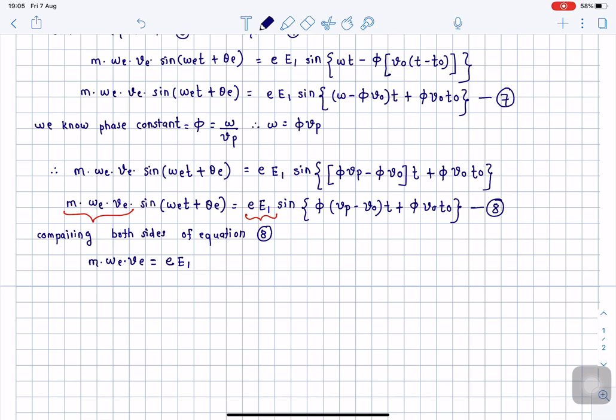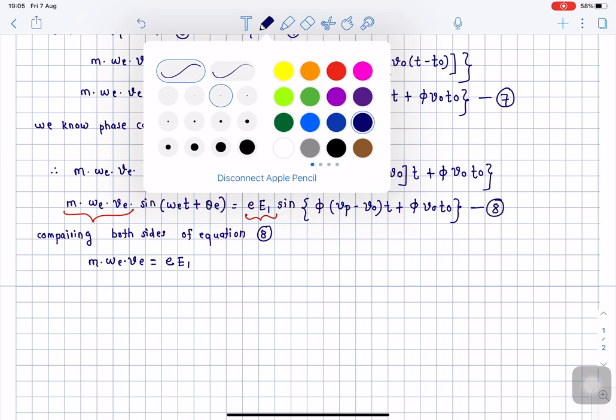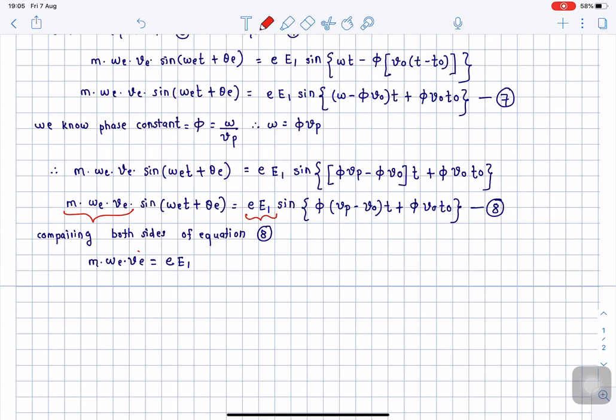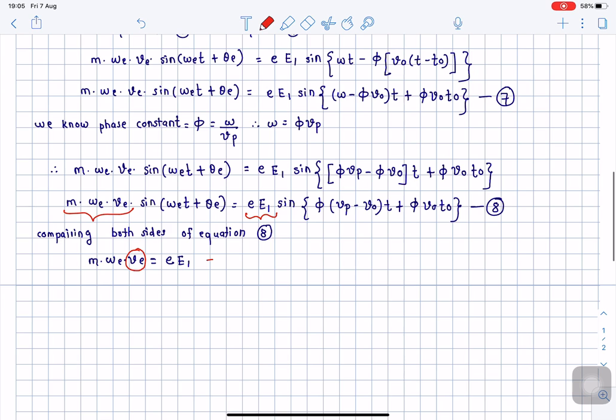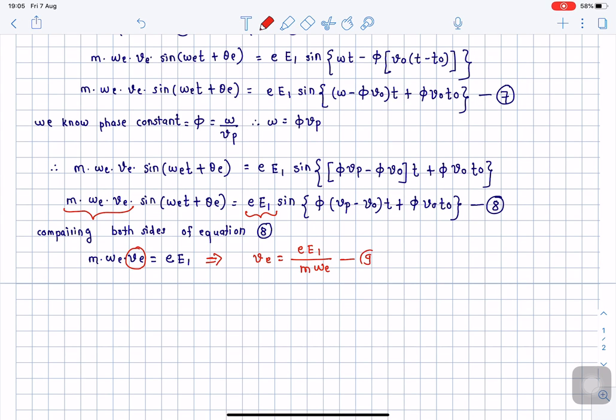So from this we can find out what is the component of the velocity modulated electron beam. That is, we are interested to find out the expression for this particular component Ve. Okay, so this can give us Ve is equal to e E1 divided by m times omega e, right? So let us call this equation number 9.